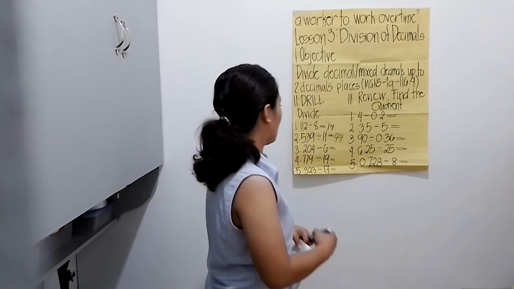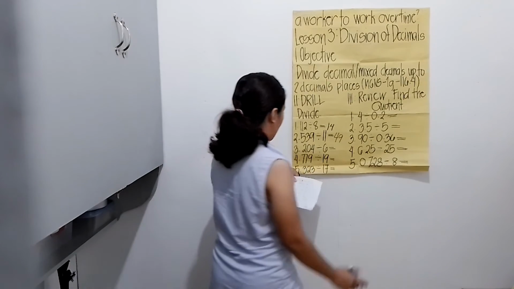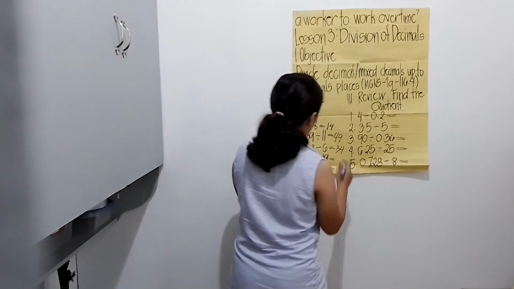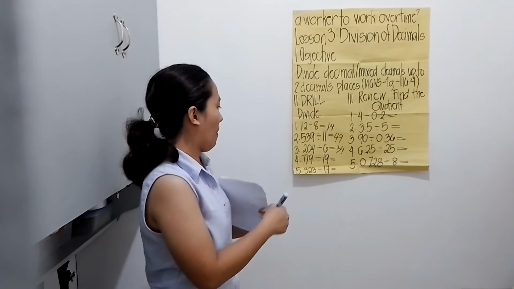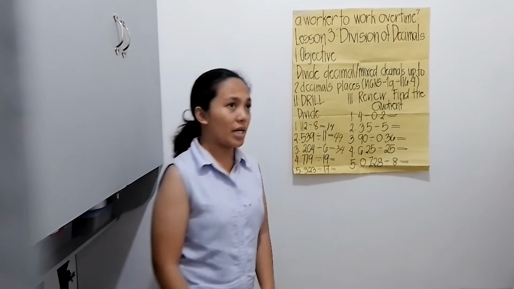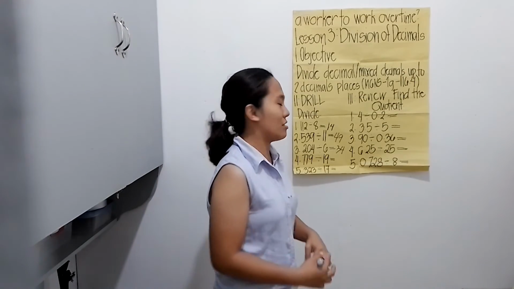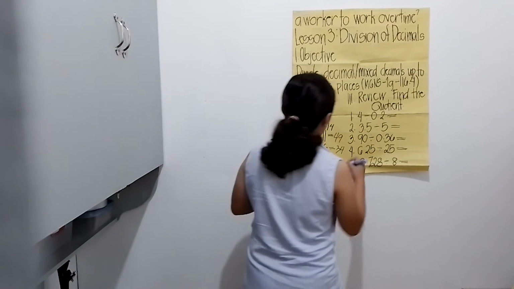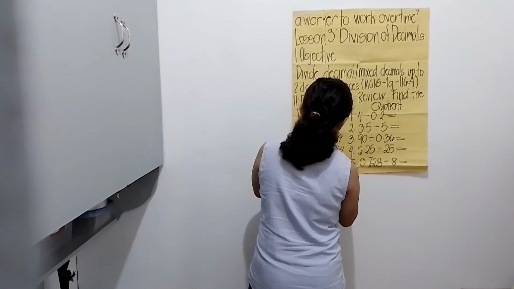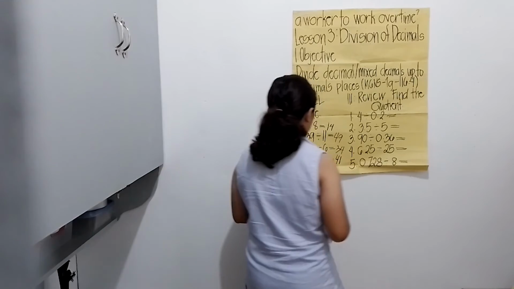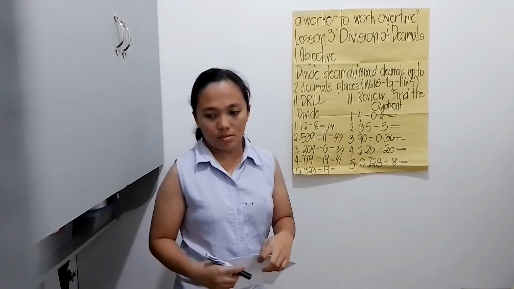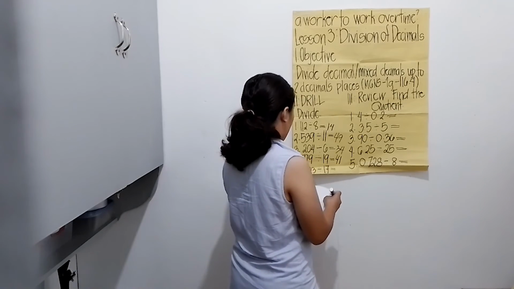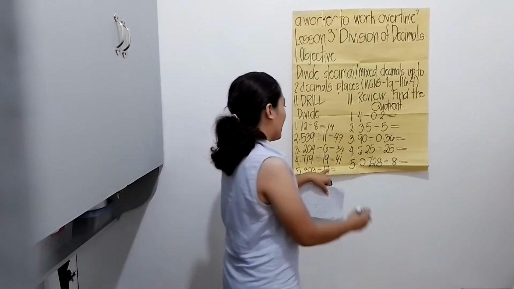So when we say 204 divided by 6 is 34. 779 divided by 19 is 41. 323 divided by 17 is equal to 19.